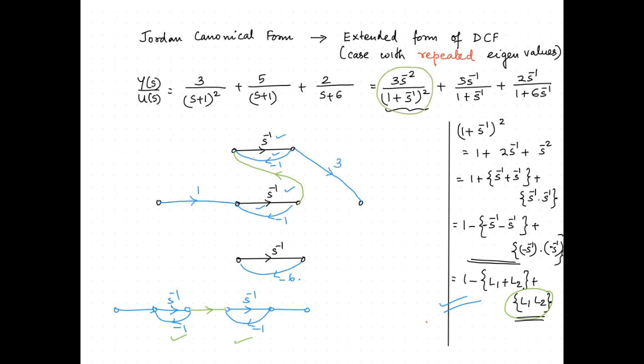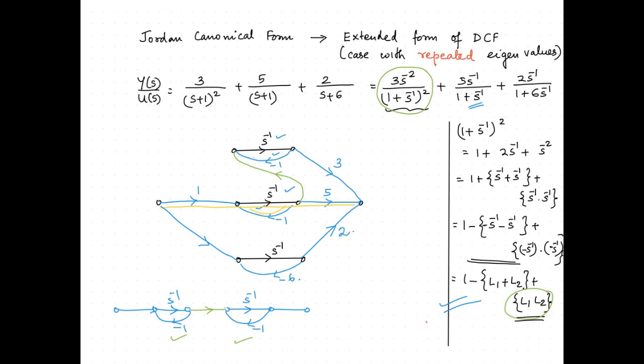So this will be 1. Now coming to the second term, 5s^-1, that also corresponds to one of these loops. So I can mark that 5 here. If I consider this path gain, this is 5s^-1 with a single loop s^-1. Now coming to the third one, I can write this 2.